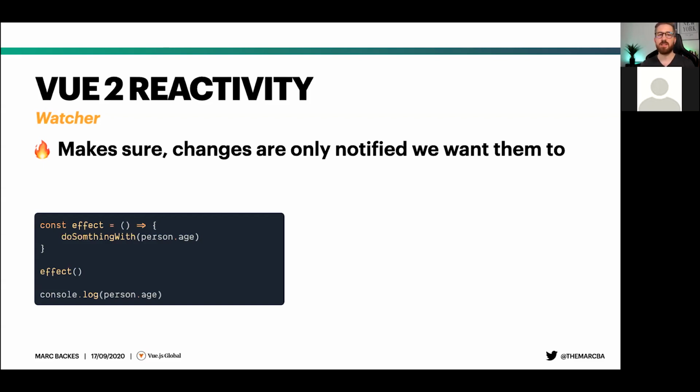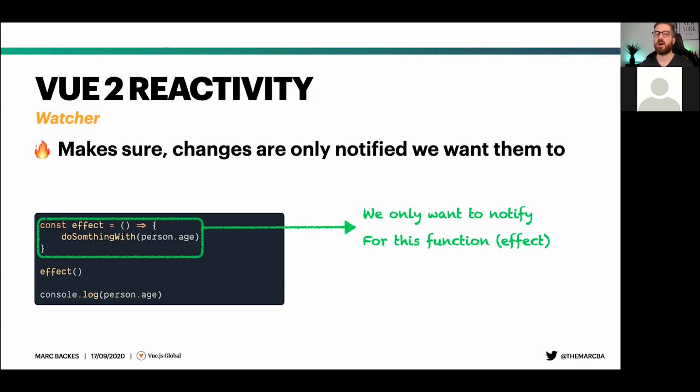In this case, we record or we notify; we depend on the age. So this means that inside the effect, we want the age to be reactive, but in the other part outside the effect, we don't want that. Here, we only want to notify for this function or the effect, but we don't want this to happen. So that's where the watcher comes in.